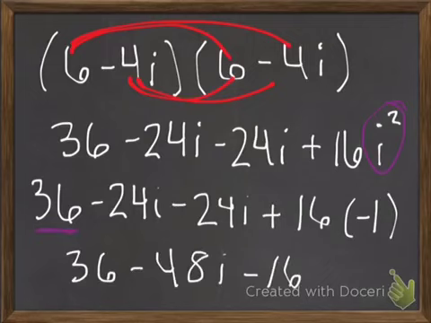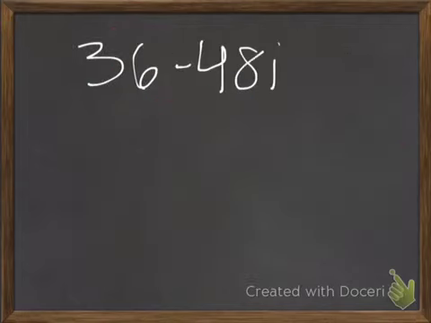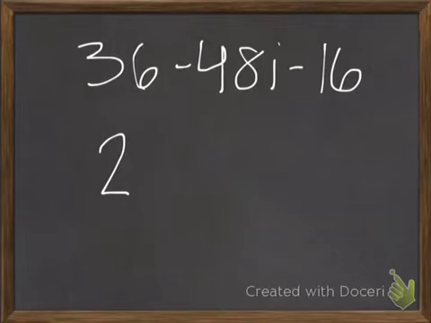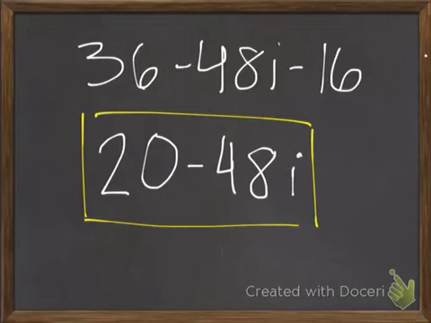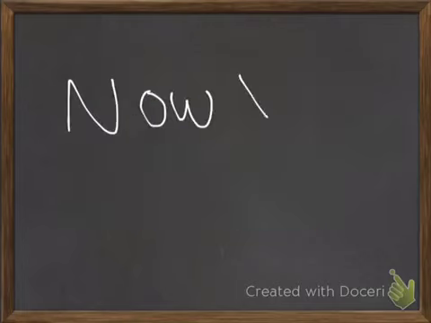So we're going to have 36 minus 48i minus 16. We're going to combine like terms, for a final answer of 20 minus 48i. Now you don't have to put the negative 48i at the end, but it just looks better.